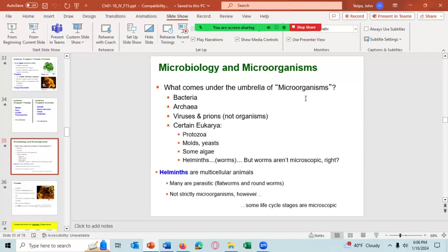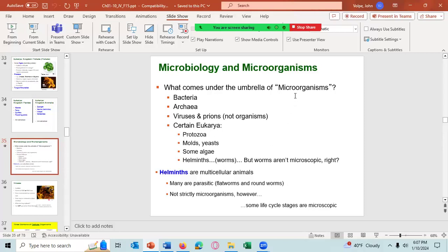Like the tapeworm of humans can be either 30 feet or 30 meters, I forget which, long. That's obviously not a microorganism, right? So why do we call the helminths, the worms, a microorganism?